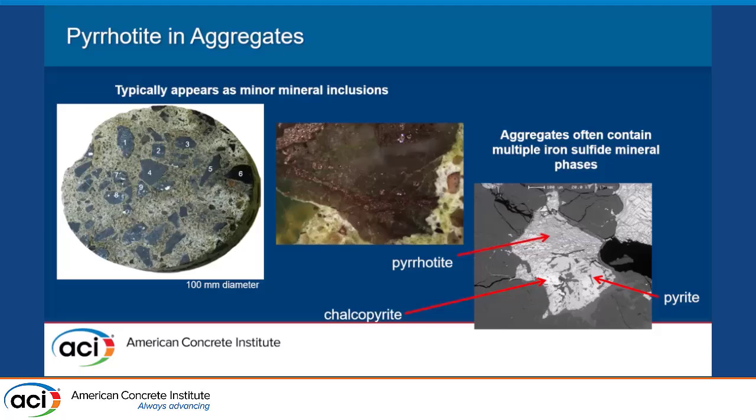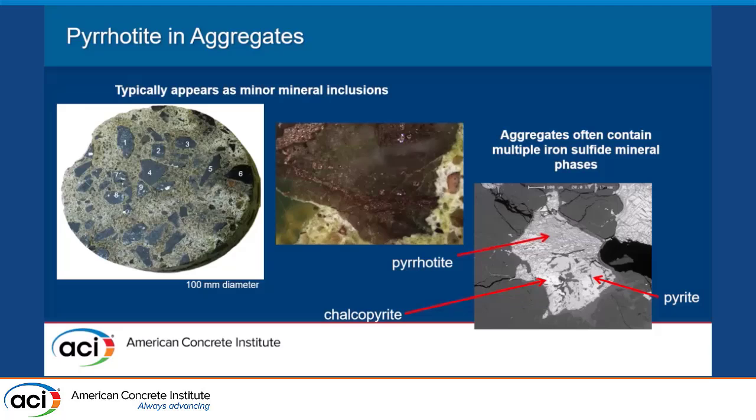And then we go look at it in detail. At that time, we were primarily using reflective light microscopy, which I'll show you in the next slides. And we did a relative visual estimate of how much of each of the different iron sulfide components are present. And then that would be tabulated.